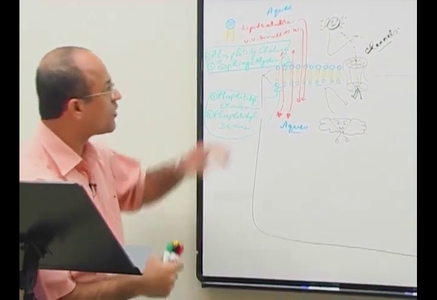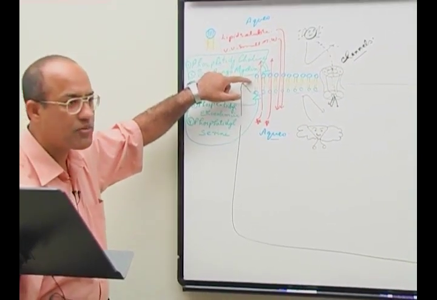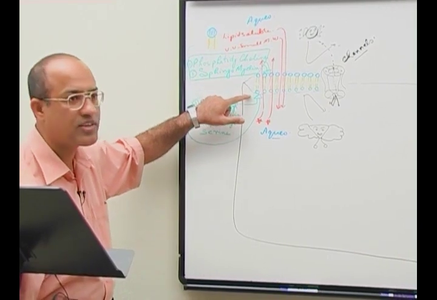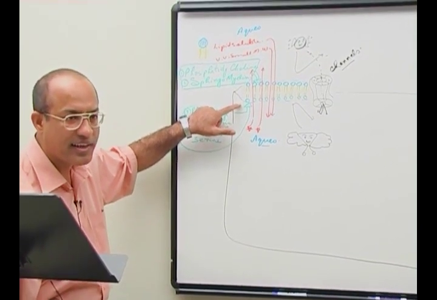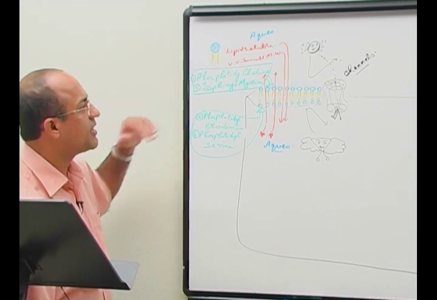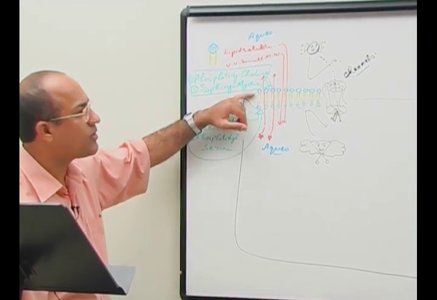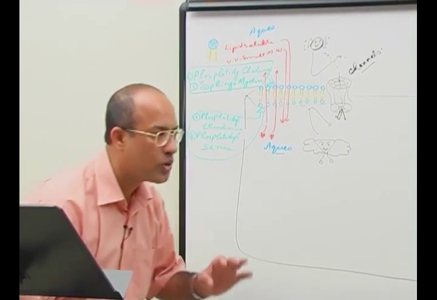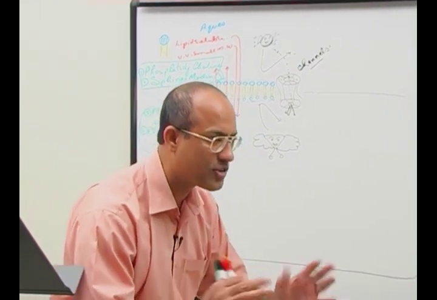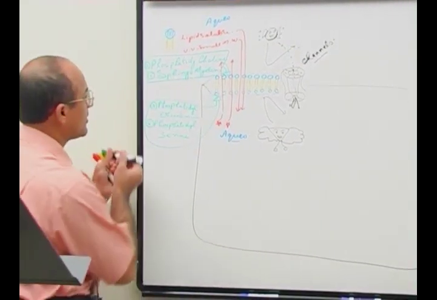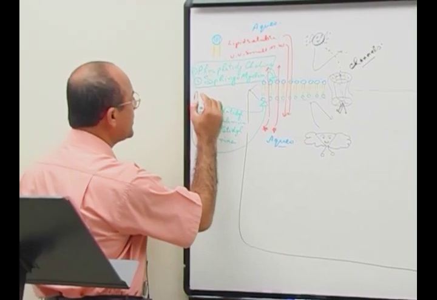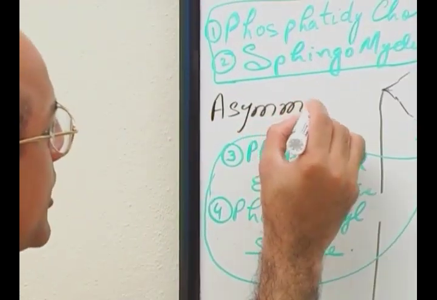So, because phospholipids in the outer part are somewhat different from the phospholipids in the inner part of the membrane, we can say that the cell membrane outer leaflet and inner leaflet show some degree of asymmetry.